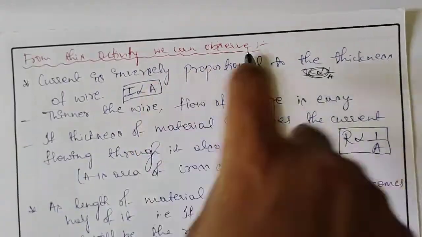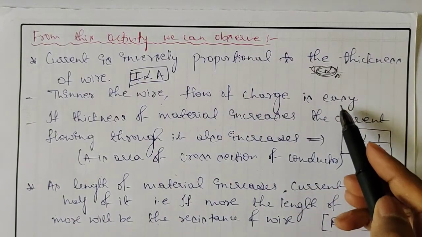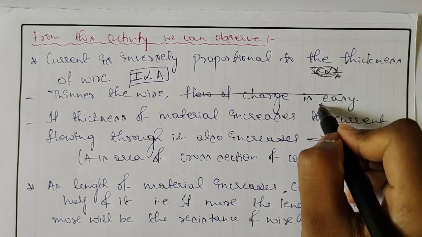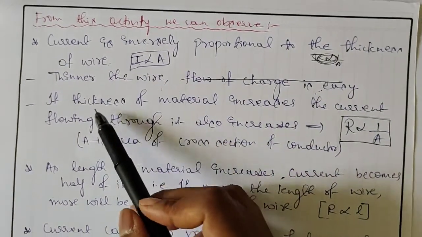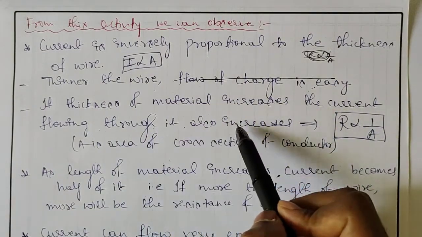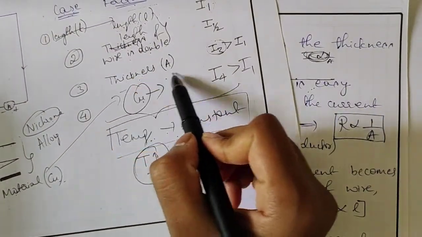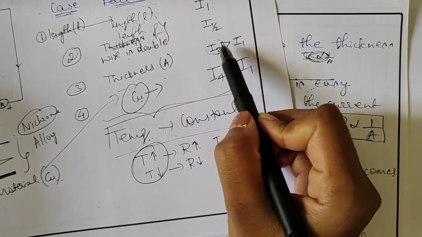Now one more point: the thinner the wire, the flow of charge is easier. Instead of saying this, I can say a different point. See here, the third one: if the thickness of the material increases, the current flowing through it also increases. We got more current than in the first case.